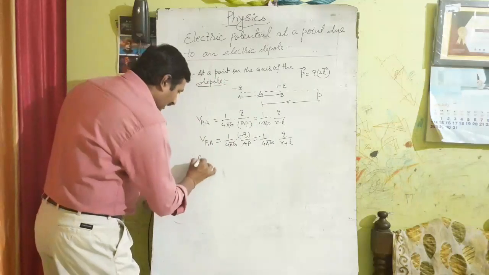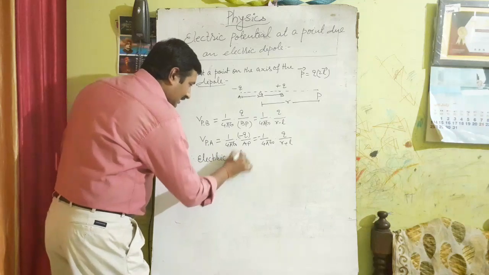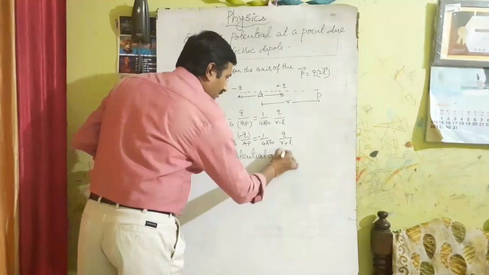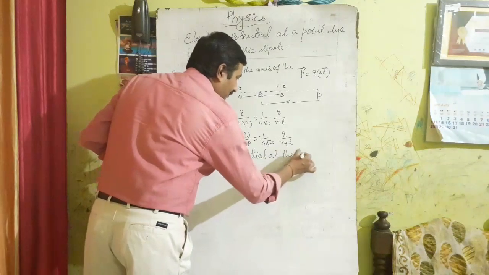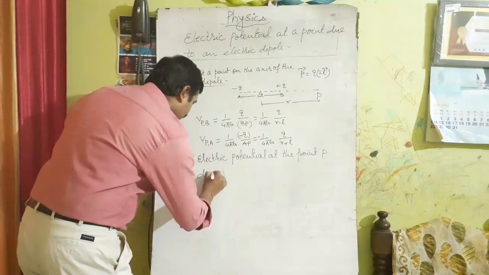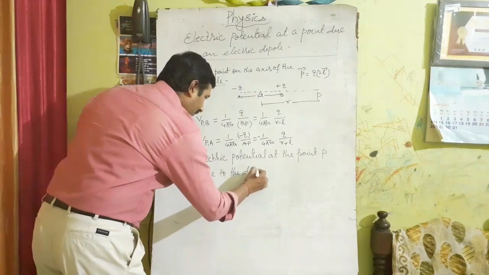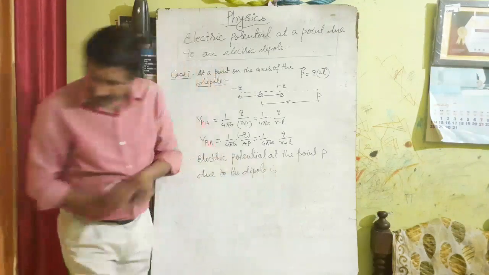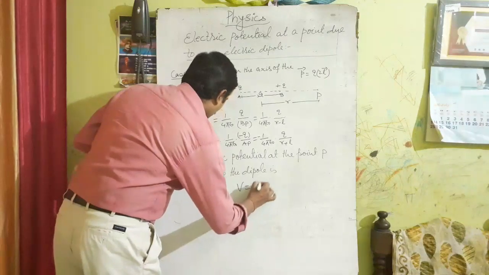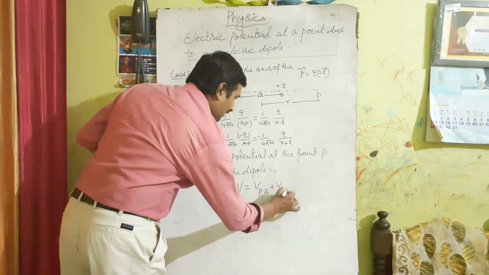Therefore electric potential at the point P due to the dipole is V equal to VPB plus VPA.